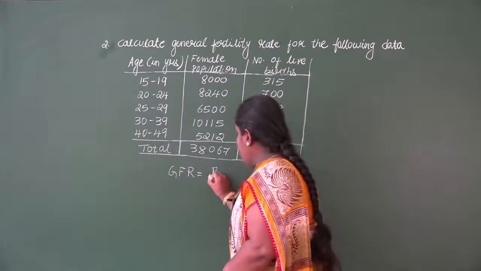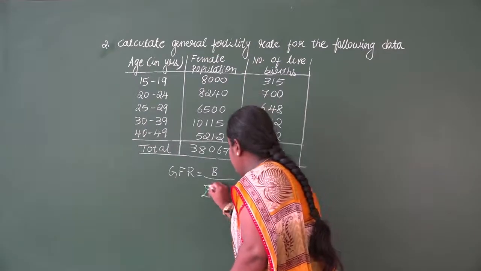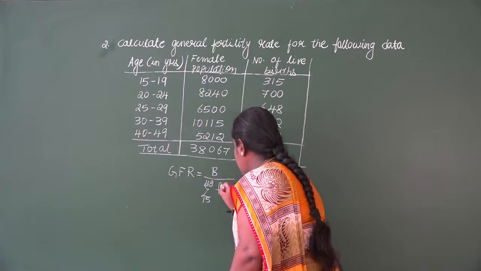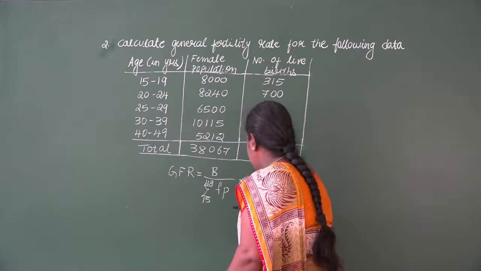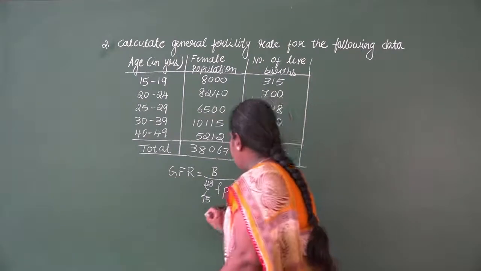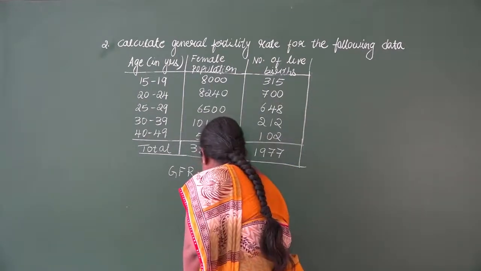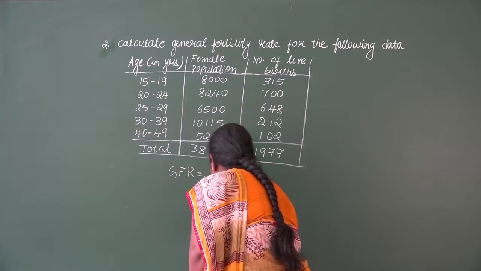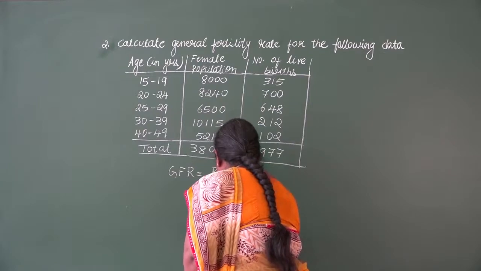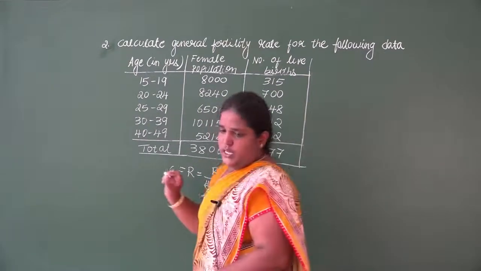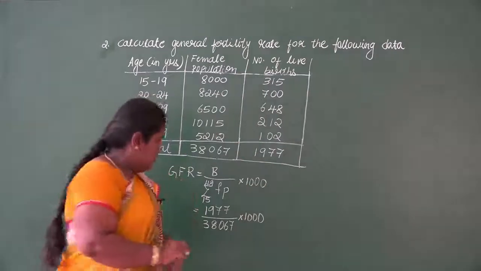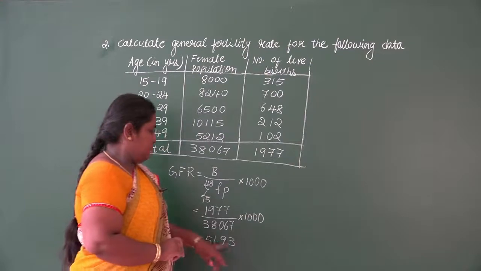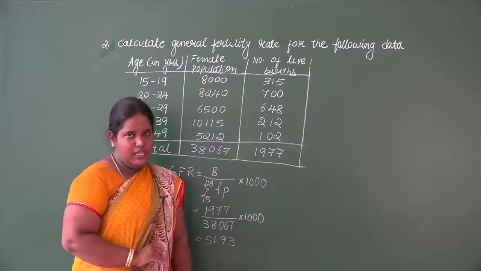GFR equals B divided by sigma female population 15 to 49, into 1000. So it is 1,977 divided by 38,067 into 1000, which gives 51.93. So it is 51.93 births per 1000 women of childbearing age.